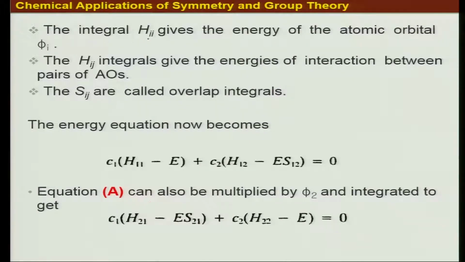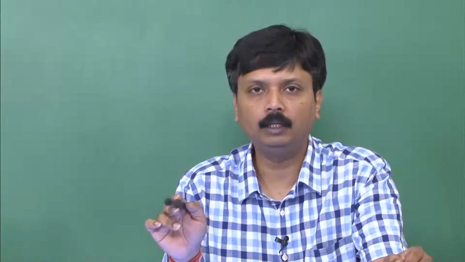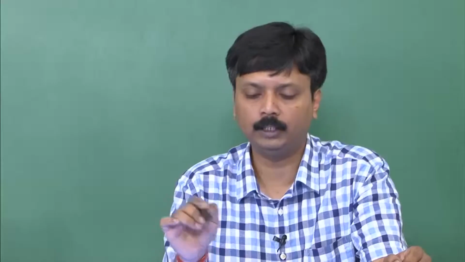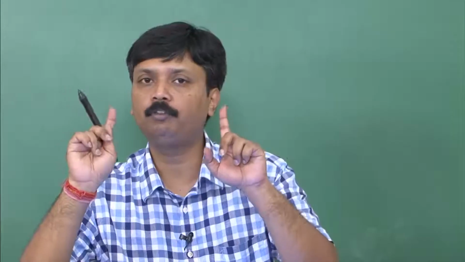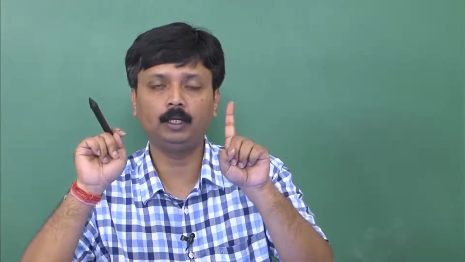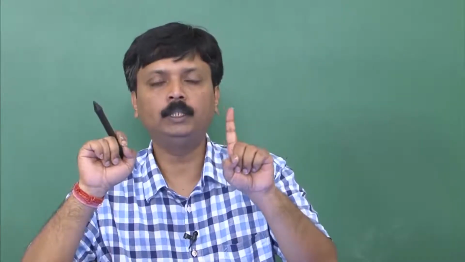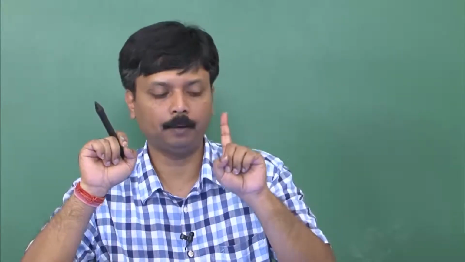So this Hii can be H11 or H22, meaning phi 1 H phi 1 integrated over d tau, or phi 2 H phi 2 integrated over d tau. That gives the energy of the atomic orbital phi I, because here there is no interaction between two different atomic orbitals; it is the same atomic orbital for which I have the wave function phi 1.